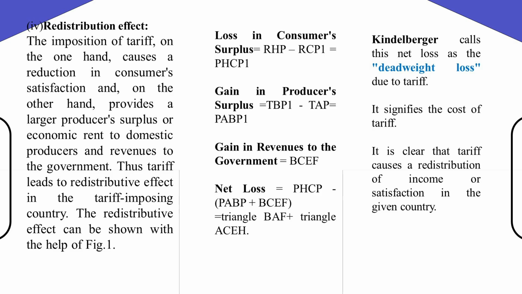So net loss equals the area PHCP1 minus the sum of the areas of PABP1 plus BCEF, which again equals the area of the triangles BAF plus triangle ACEH.